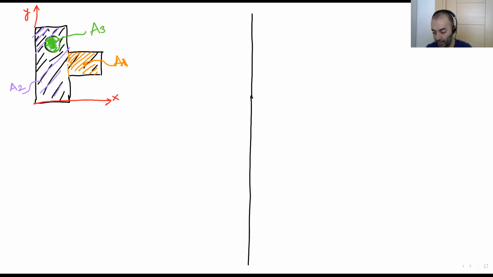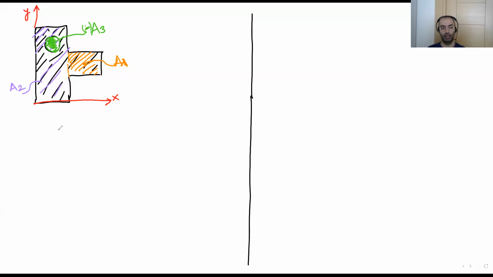But if there is an opening like this, this is not in my area. To make our calculations easy, to calculate the area A2, I assume it's like a rectangle, as you can see, but there's an opening there. So what I'm going to do is consider this A3 with a minus sign, because I don't have this area.